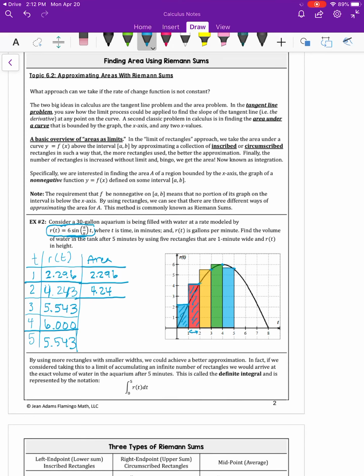And then for the next one, you're going to take that point, move it over, and call that a rectangle, and you want to find this area. It's going to be 1, because from here to here is 1, and it's just length times width. It's going to be 1 times 4.243. That's 4.243.